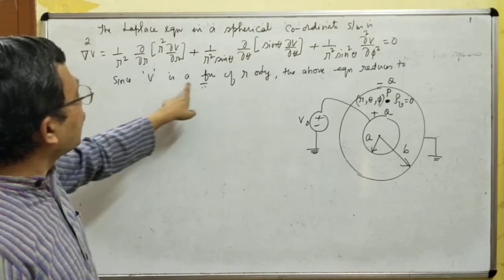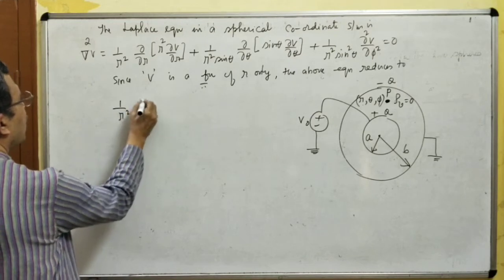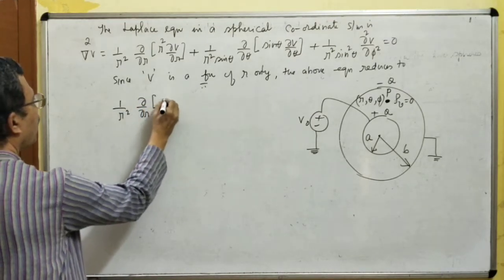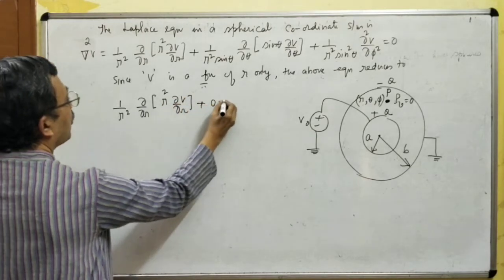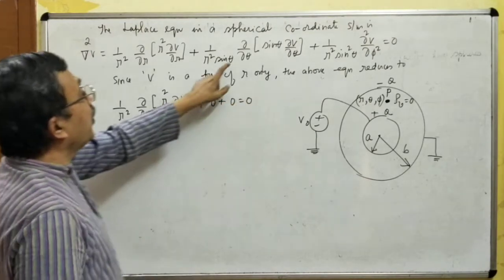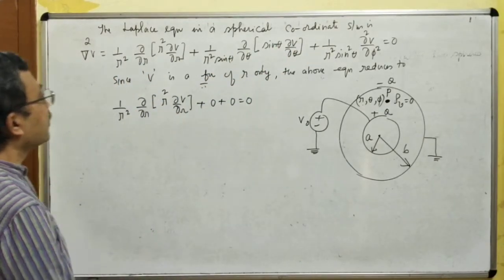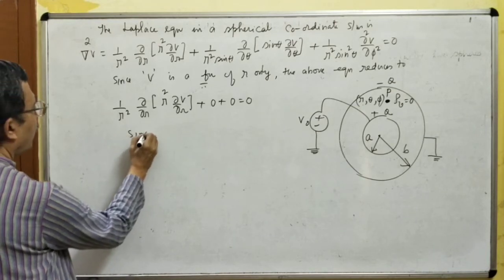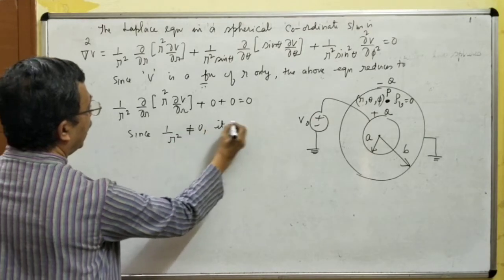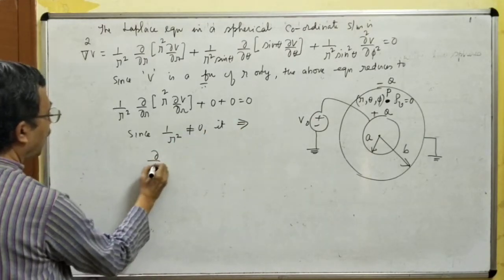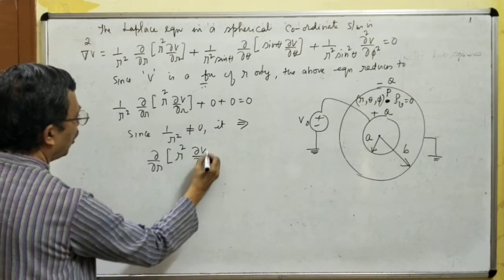Since V is a function of R only, the above equation reduces to 1 by R square dou by dou R operating on R square into dou V by dou R plus 0 equal to 0. These two variations are 0 because V is a pure function of R only. Now, since 1 by R square cannot be 0, it implies dou by dou R operating on R square into dou V by dou R equal to 0.